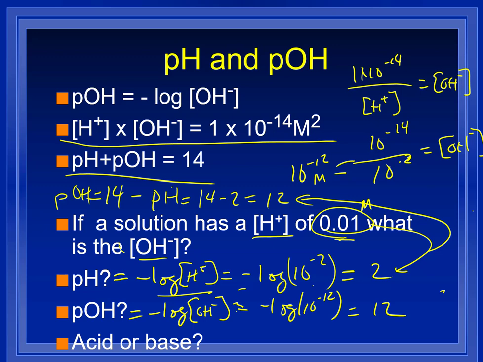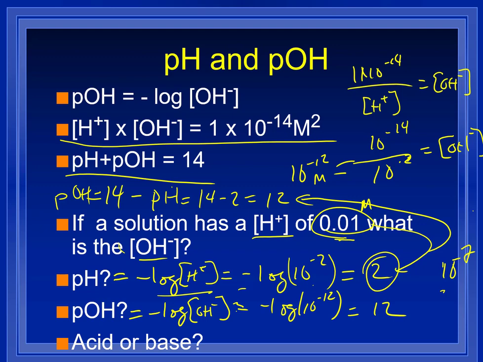It's an acid because it's got a pH of 2. Neutral is 7. Lower than 7 is an acid. Above 7 is a base. 10 to the minus 7th is neutral. 10 to the minus 2nd is a lot bigger than 10 to the minus 7th. 1/100th is much bigger than 1/10 millionth.